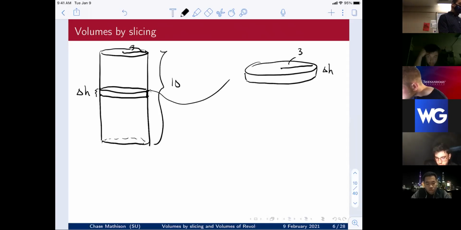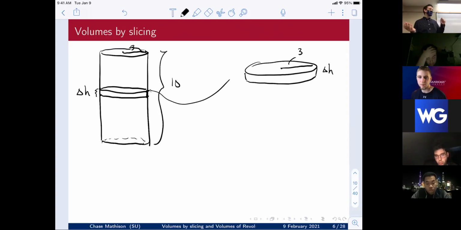So what would you guys say the volume of this coin shape is? Exactly. We have pi r squared. So it's going to be essentially the area of that circle just times the height, right? And so you can see why this method is overkill, because why not just do that for the whole cylinder?